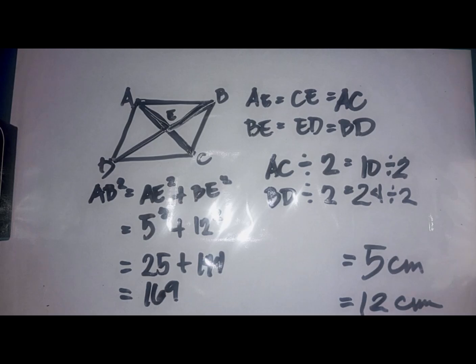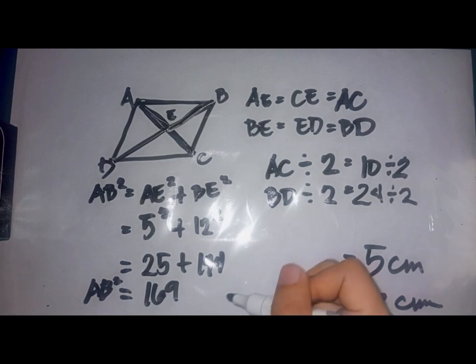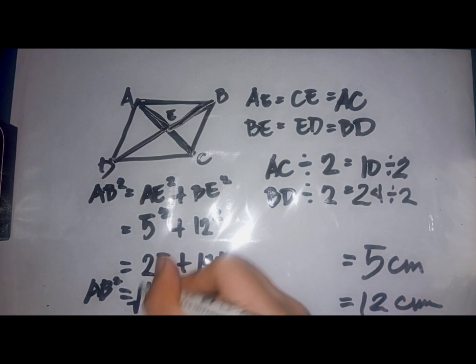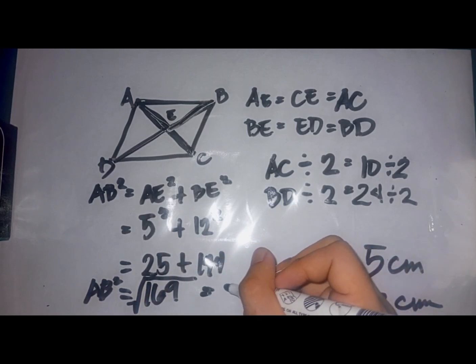That is equal to 169. Now for AB squared, we use the square root. What is the square root of 169?